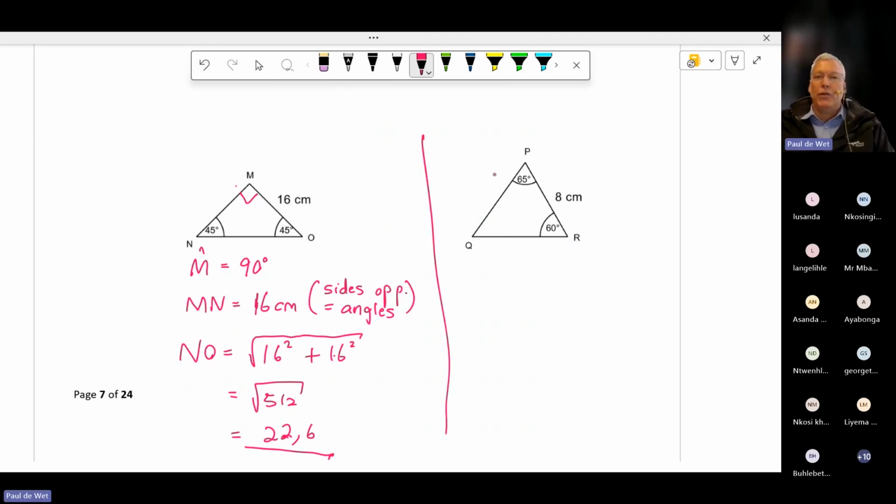Okay, this question over here. Can I use opposite over hypotenuse, opposite and hypotenuse and adjacent? Can I use that? Okay, guys, I cannot use my trig ratios. Why not?